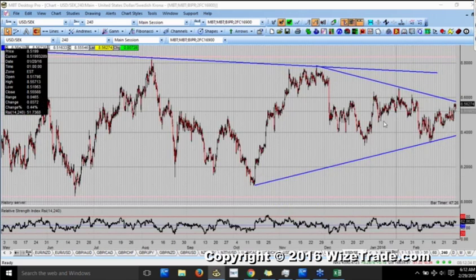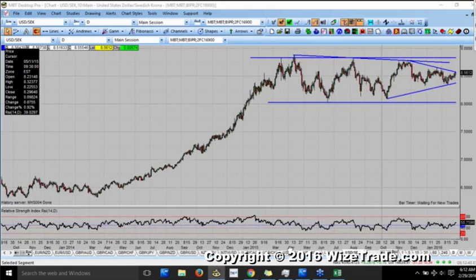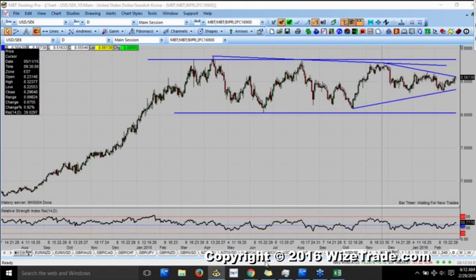I have this little triangle drawn out, but I don't know how significant it is. I think we need another touch in reverse here. I'm just not super excited about this Swedish krona at the moment.